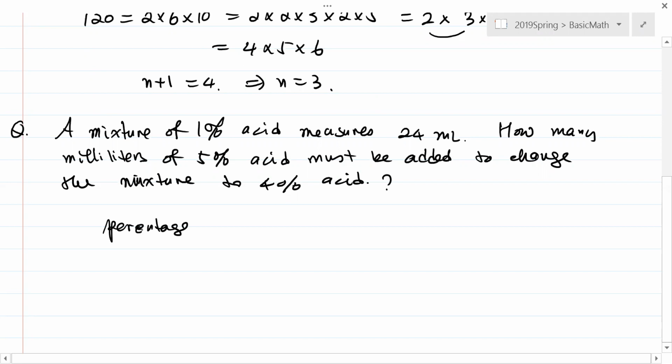The percentage of concentration is going to be the amount of active ingredient, and then the total amount.